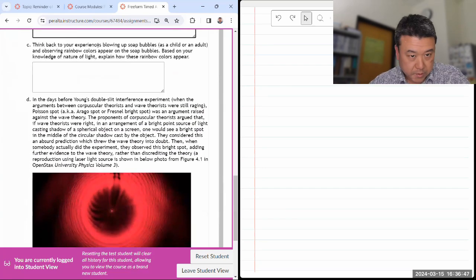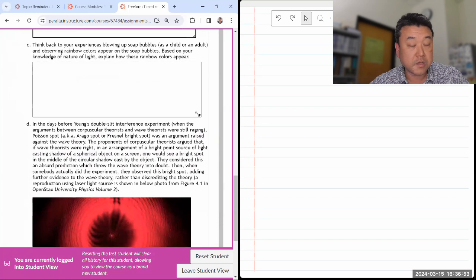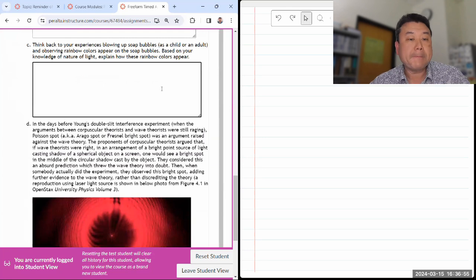Okay, thinking back to your experience of blowing soap bubbles and observing rainbow colors, explain how these rainbow colors appear. So this is another example of thin film interference.